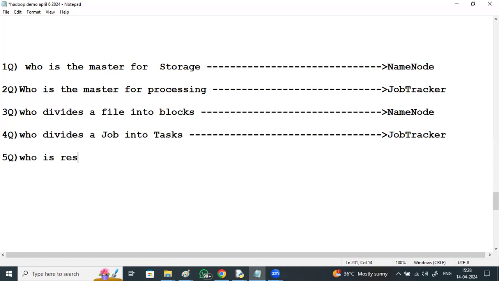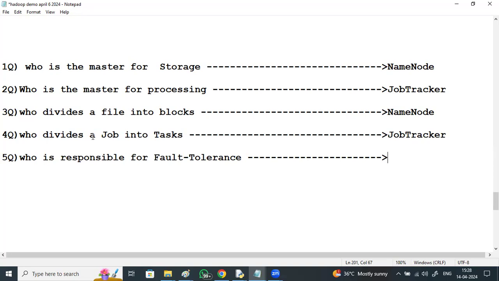Who is responsible for fault tolerance? Name node? Fault tolerance means processing related. Name node won't take care of processing related things, only storage related.